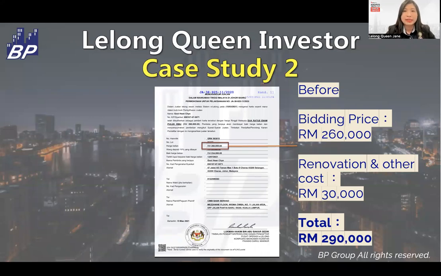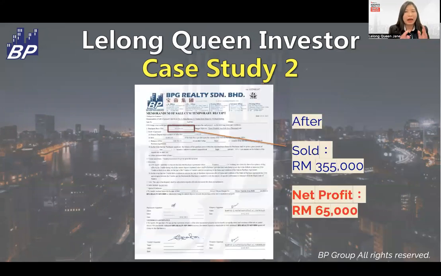The renovation cost is around 30,000, so the total cost is 290,000. After the renovation, we successfully sold the property for 355,000 with a net profit of 65,000. It's a really nice margin.